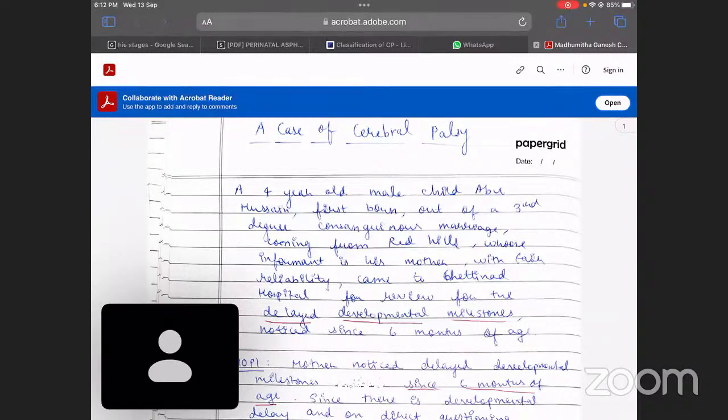And the second thing is birth weight. If the child is low birth weight, or according to the growth chart the child falls below the third centile, or if the child is large for gestational age, that is, falls above the 97th percentile, they are also prone to cerebral palsy.